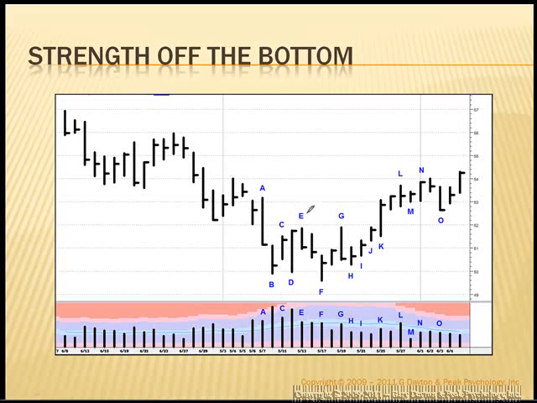Okay, what happens on bar E? And what does it mean, do you think? How do we describe E, and what does it suggest?